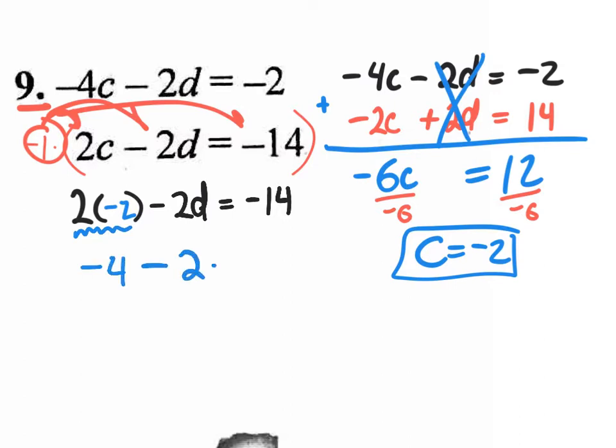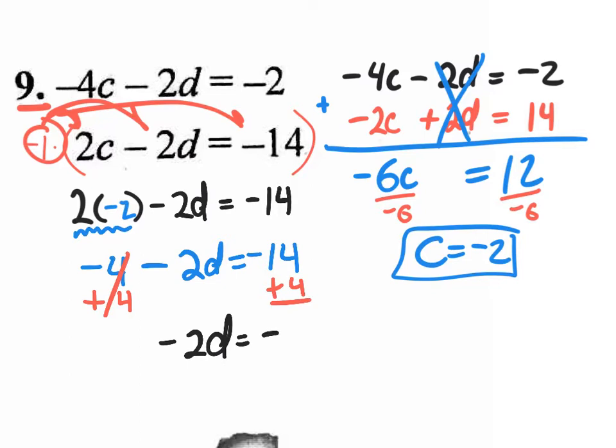Bring down the minus 2d equals negative 14. And then I get rid of the minus 4 by doing the opposite. Plus 4, plus 4. I'm going to end up with negative 2d equals negative 10. Final step would be to divide by negative 2, which means that d equals positive 5.